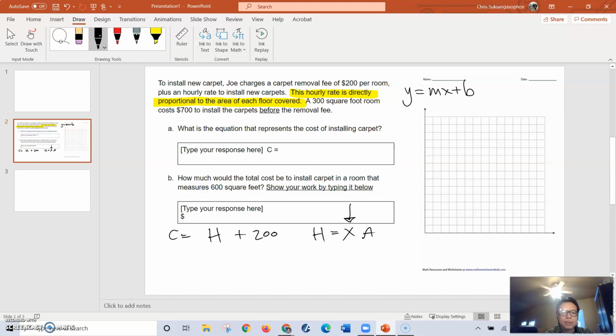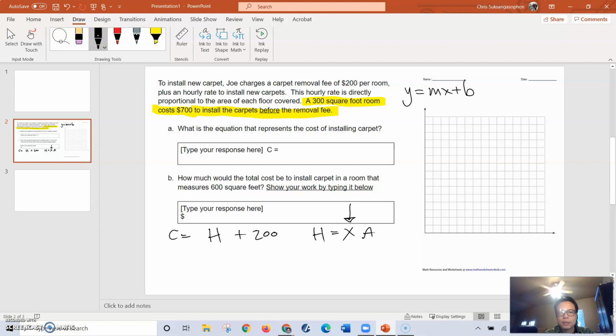Okay, now to find what the conversion factor is, this will be a slope. So we can plug in what we know. We know that the 300 square foot room costs $700 to install the carpet before removal fee. Okay, so we can use that information here.